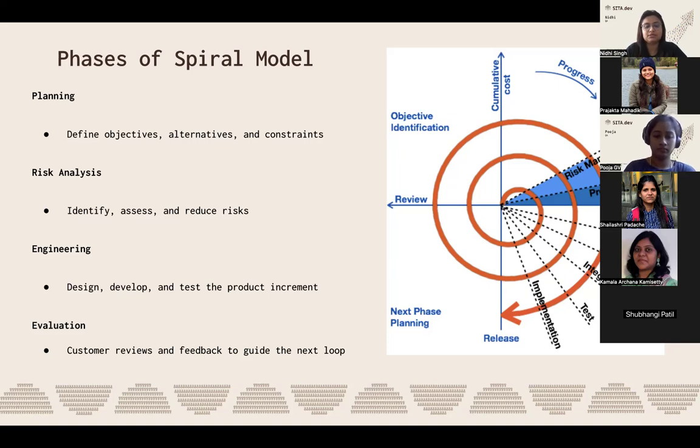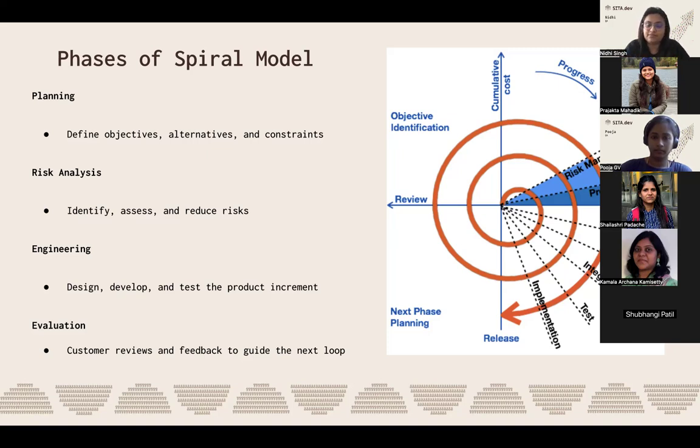These phases repeat again and again. This is called iterative because they repeat: planning, risk analysis, engineering, and evaluation. Again, planning, risk analysis, engineering, and evaluation. At the end, a small working software is delivered, which is called a prototype. A prototype is dummy software. It is not the exact software. It is released in order to understand the customer feedback and what the customer actually wants.